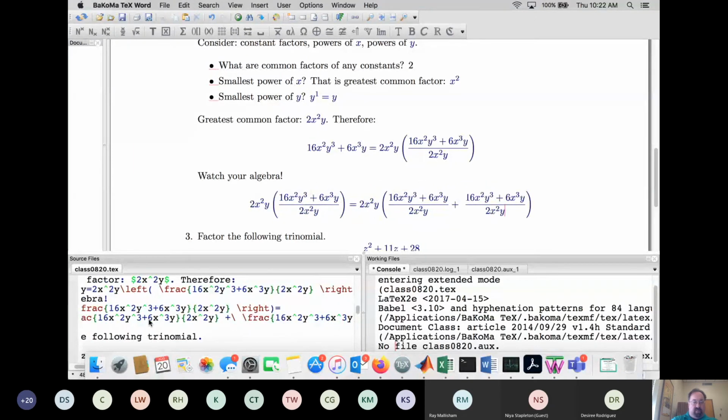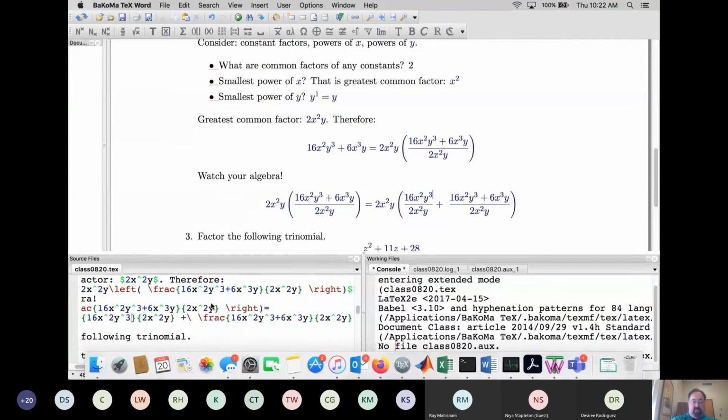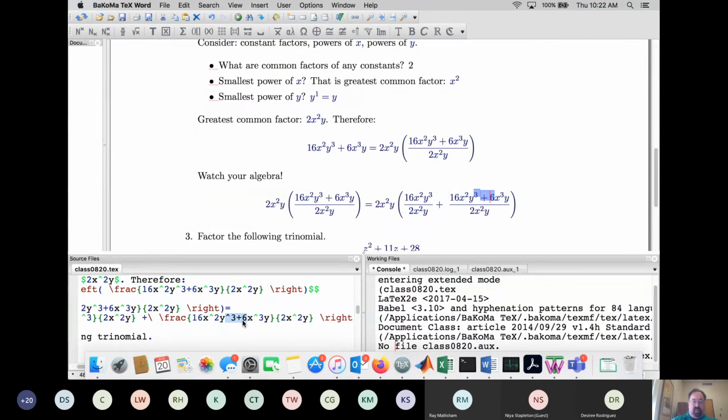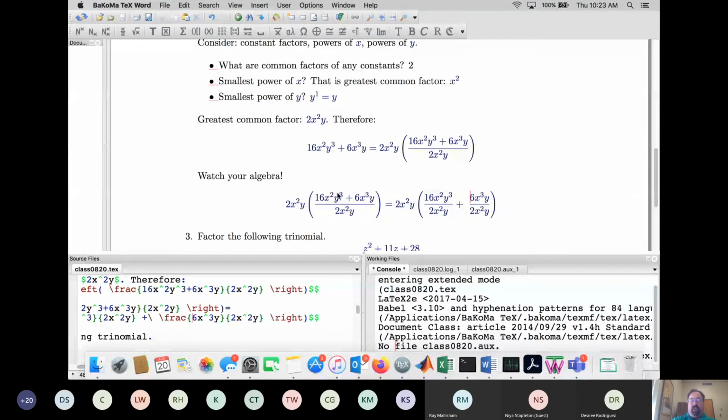All I've done is break this up into two fractions by breaking up the terms in the numerator. You can do that by breaking up the terms in the numerator, not the denominator. If I had this fraction flipped over, I could not do anything like this. Don't do that. Only in the numerator.